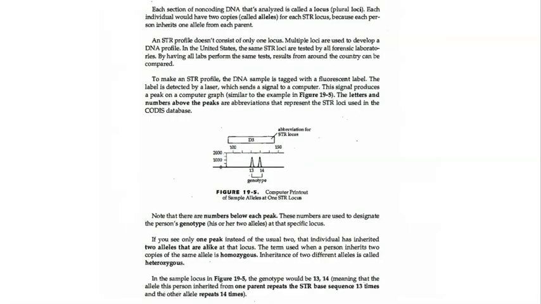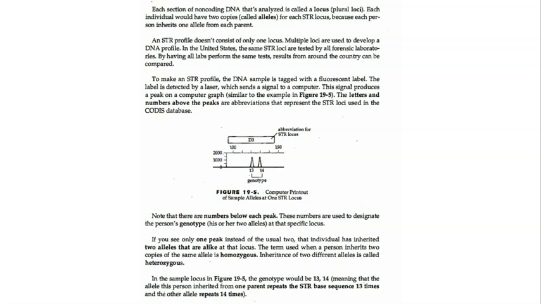Each section of non-coding DNA that is analyzed is called a locus, or plural loci, and each individual has 2 copies for each STR locus because they inherit 1 copy from each of their parents. That gives them a diploid allele count for these non-coding loci.